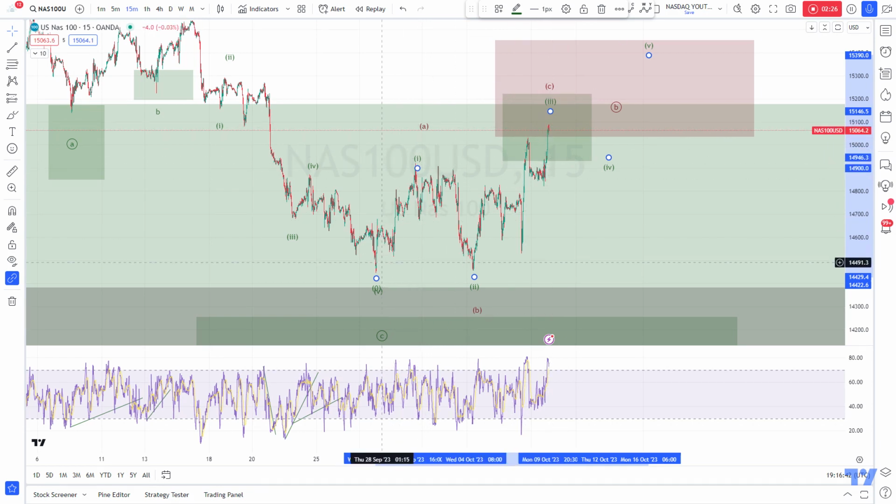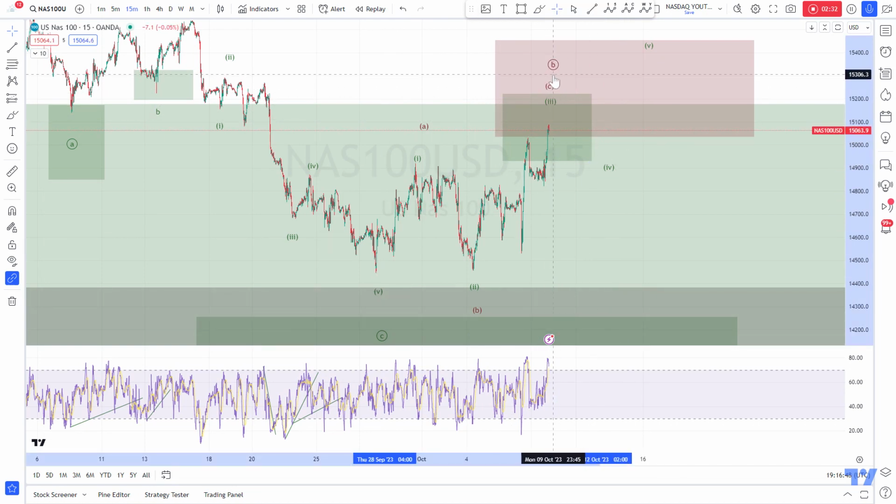So for now we have 3 waves, and these 3 waves can still be an ABC structure. This can still be a corrective move, and so then we are still in the scenario of wave B right here, a scenario that I explained to you in my previous video.